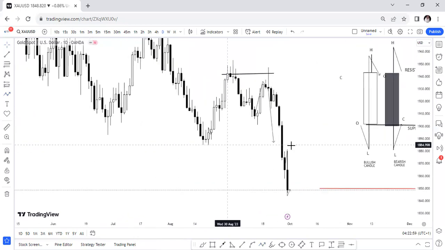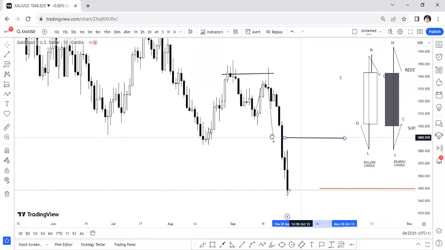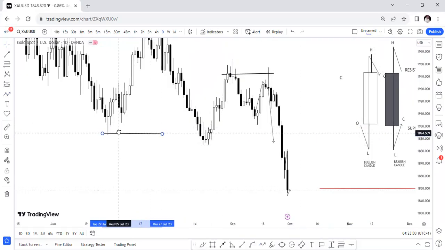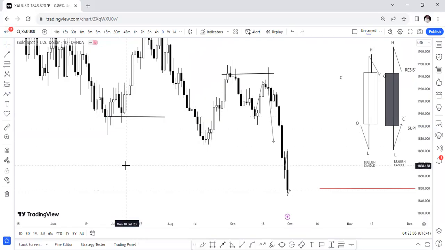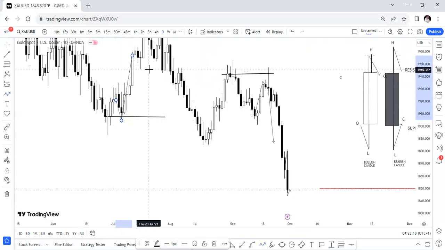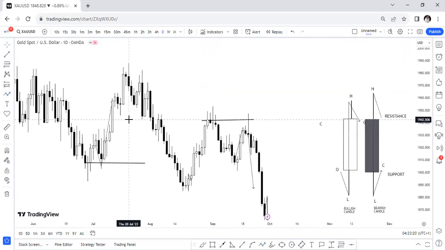So for the support level, what price does is to take off the support by using the wick. This is the wick. By using this wick, it trades off the support level, then it will start going to the opposite for the distribution of profit. So you must understand that.